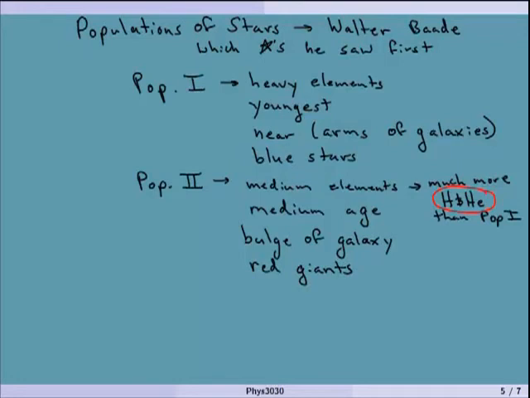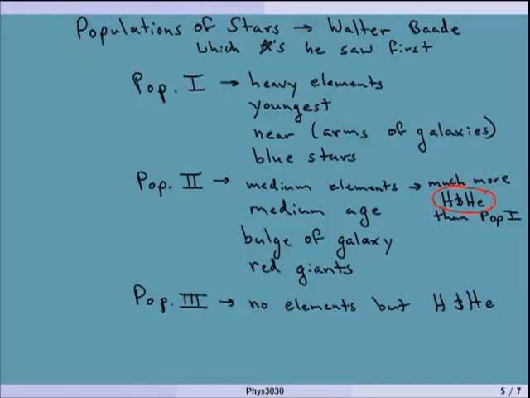And then there is a third set of stars that has never been seen, but we're going to talk about a lot today. They're called population 3 stars, and they would have no elements but hydrogen and helium, which was what was in the universe when these stars started.